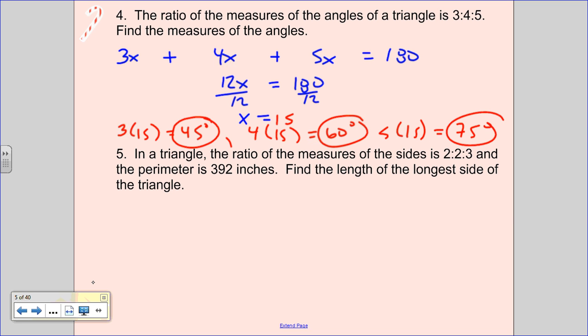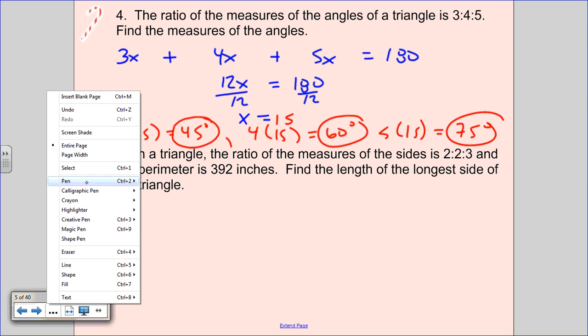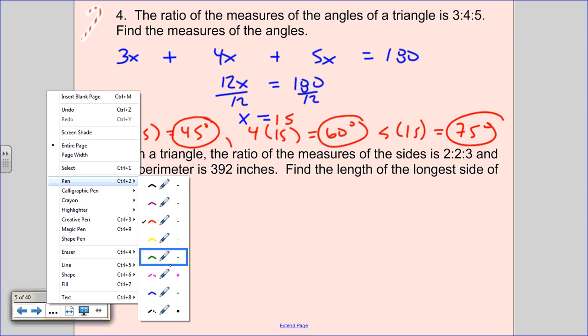Number 5, in a triangle, the ratio of the measures of the sides is 2 to 2 to 3, and the perimeter is 392 inches. It wants you to find the length of the longest side of the triangle, only the longest side. But this problem is similar to the first. I will start it off, but I'm sure you can finish it.